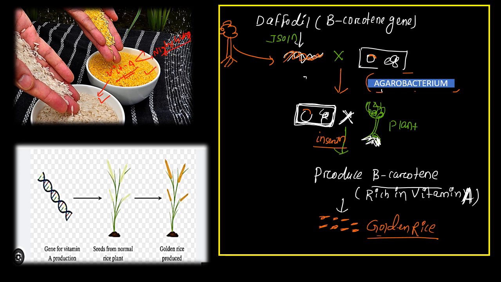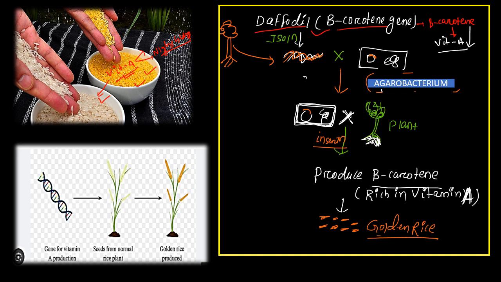Now, through biotech, how do we produce this golden rice? One plant is known as daffodil. This daffodil contains the beta carotene gene and produces beta carotene. Vitamin A is a derivative of this beta carotene.